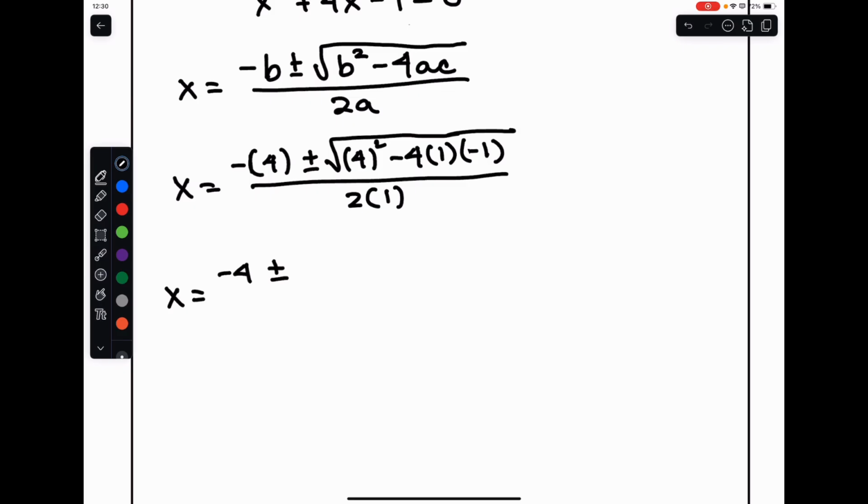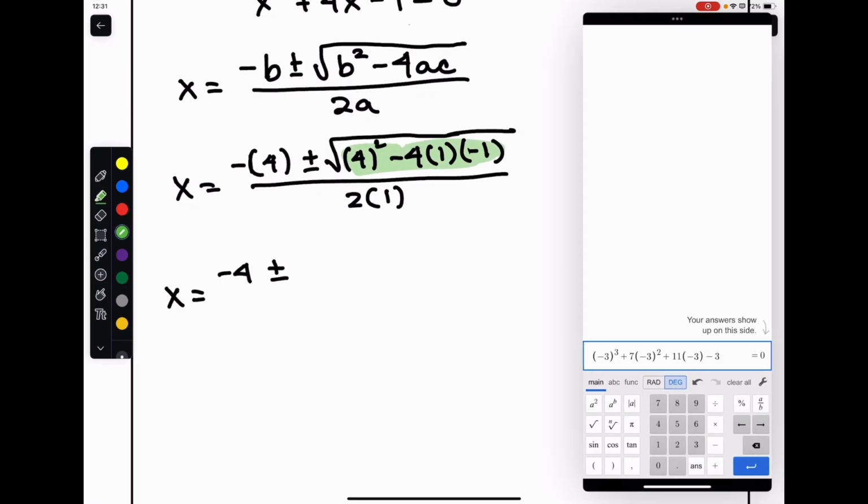Now let's focus on the radicand. What is our radicand going to equal? Let's see what that radicand is going to equal. So let's do 4 to the second power minus 4 times 1 multiplied with negative 1, and that equals a total of 20.